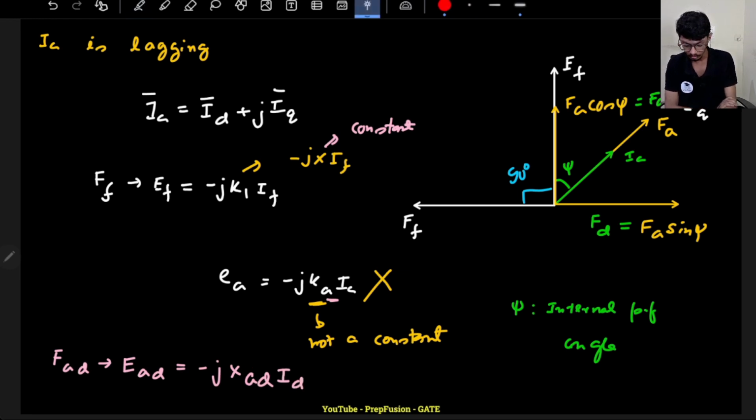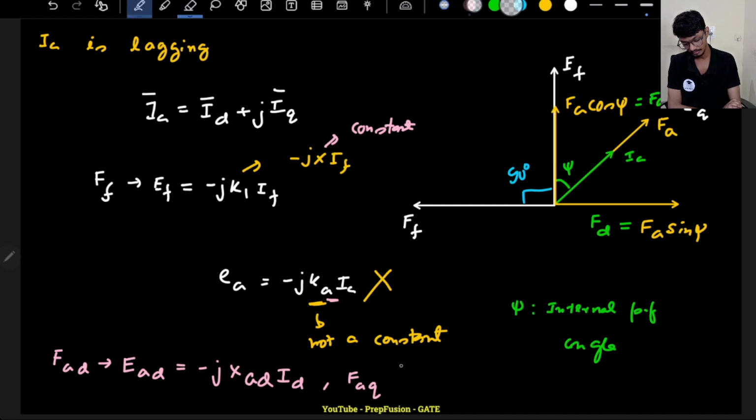Because I know this reactance is constant, I can write the equal to symbol here. And corresponding to FAQ, I will have another induced EMF, that is E.